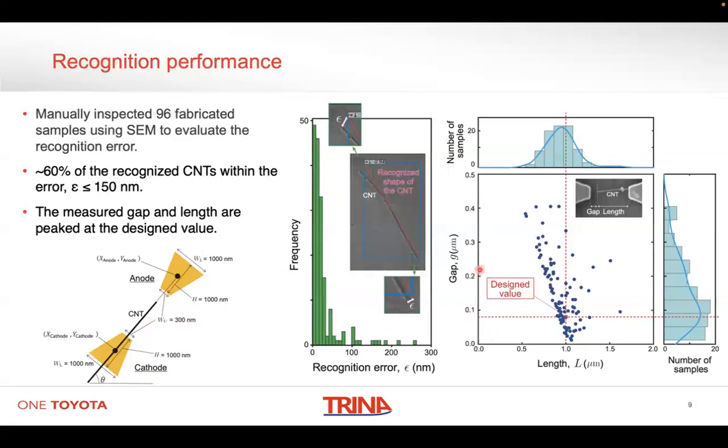Our current design has a nano gap of 18 nanometers here. This figure shows that this characteristic takes a peak around the designed value for the nano gap and even for the length of the cantilever. So in an average sense, we can successfully fabricate the cantilever to the designed structure.